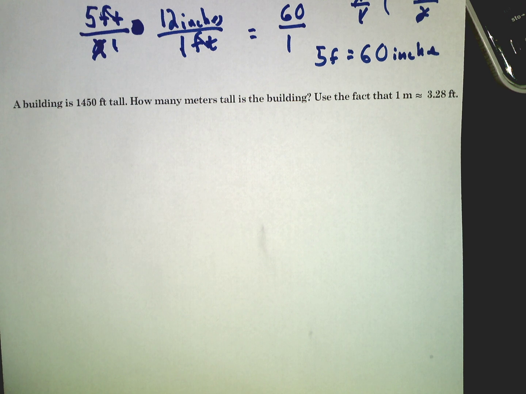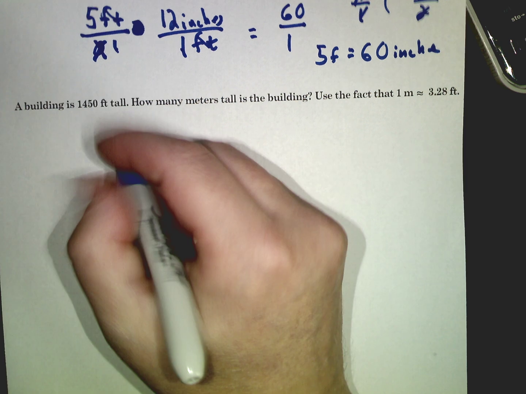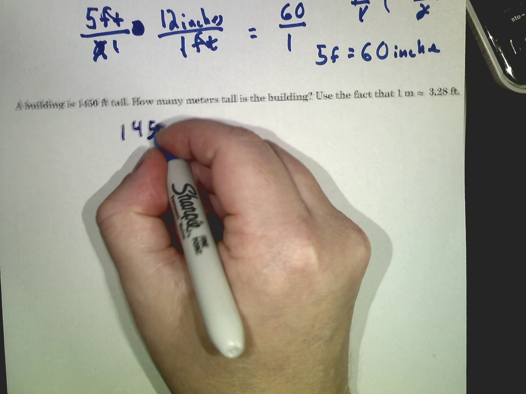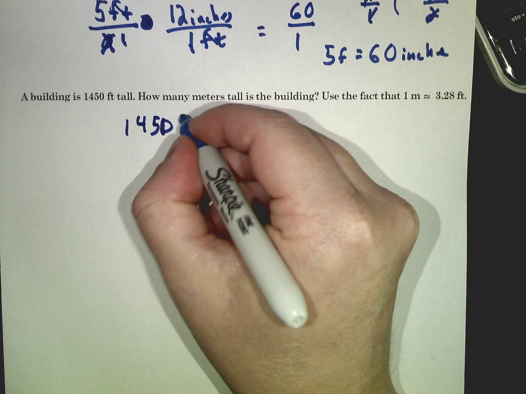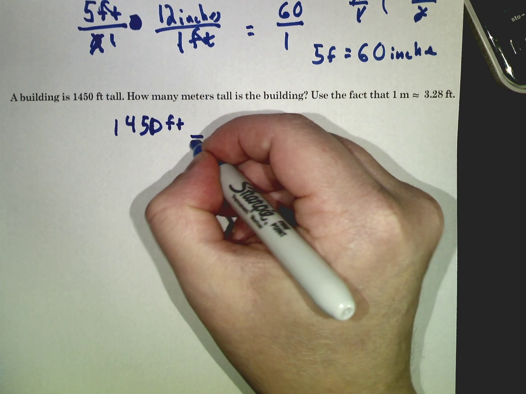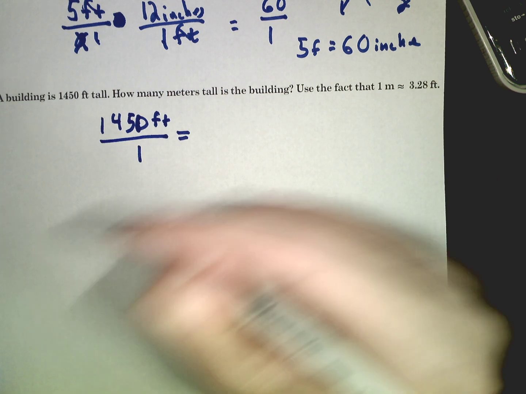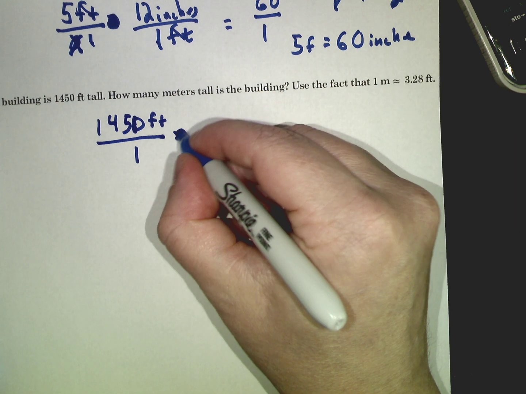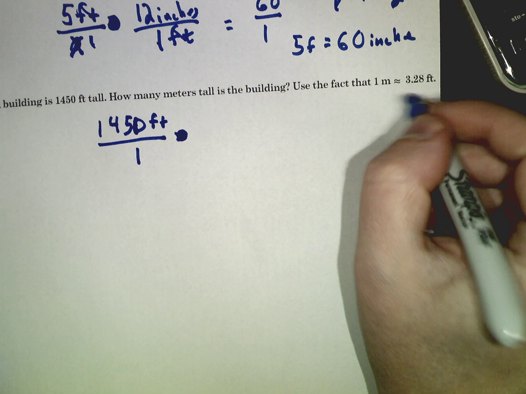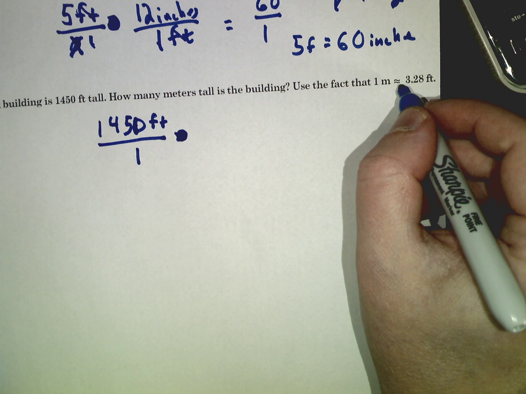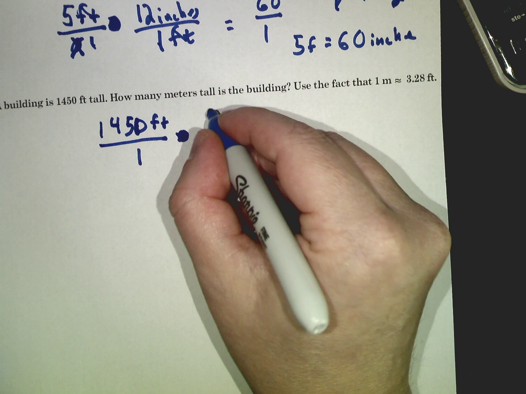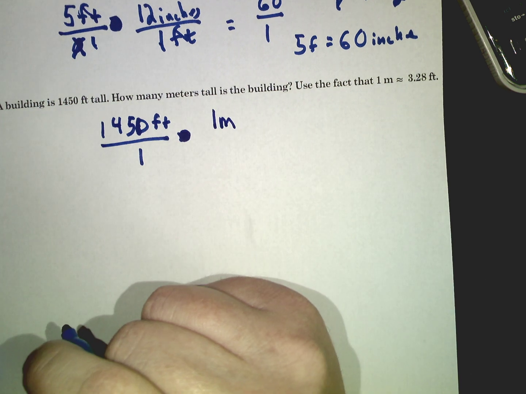Now, what I'm going to do with this one is say for a second that 1,450 feet equals, now I'm just going to put this over 1. Now I'll keep saying equals, multiplication. I want to be left with meters and not feet, so I have to put the meters on top.